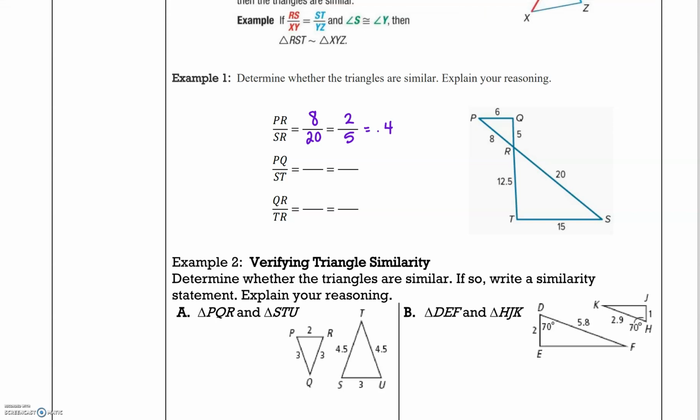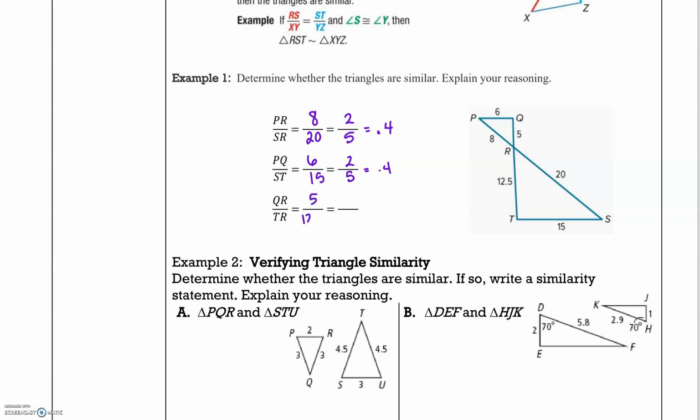If you really just divide them, 2 divided by 5 is 0.4, you can see it clearly to compare. Then we fill in the rest here, PQ, ST, reduce, take a 3 out of both, and that is also 2/5 or 0.4.